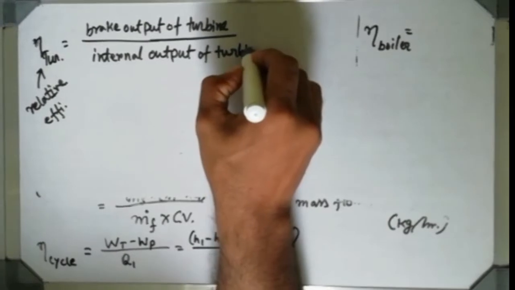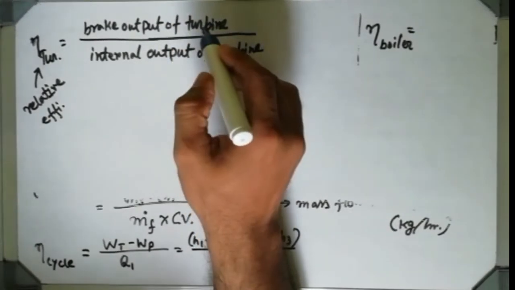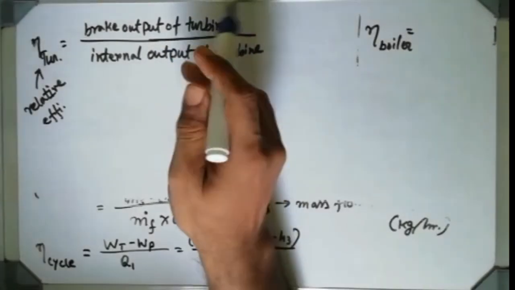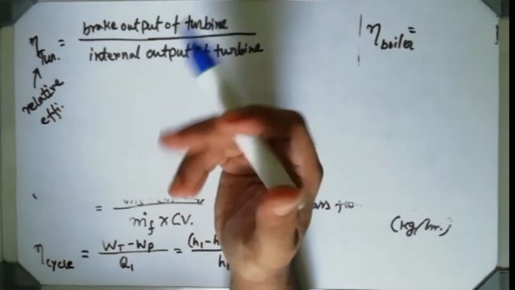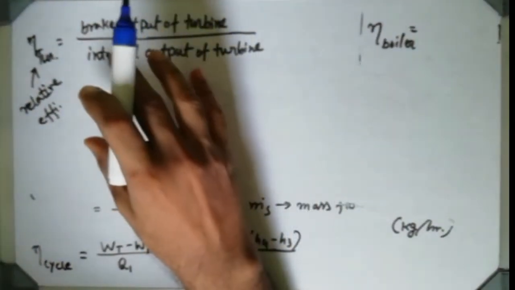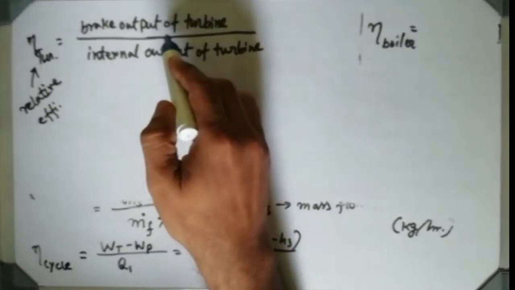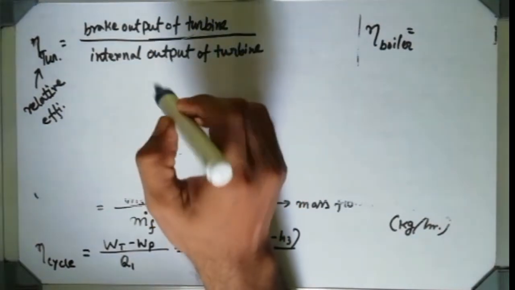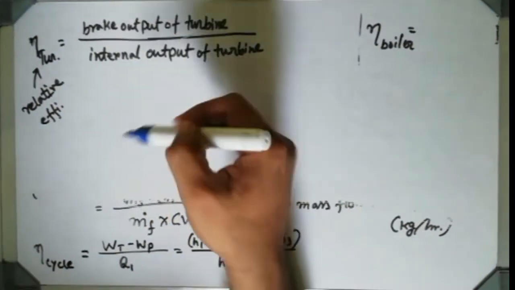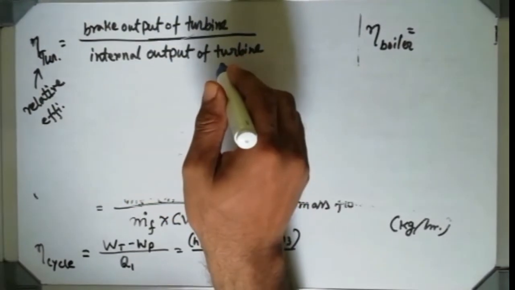That means actual output, that is the brake output, because while the turbine is rotating, some work will actually be lost, because while you are getting output to the generator end, that is the brake output. That brake output will be given to the generator, and the internal output means inside the turbine housing, what amount of power is being generated by the turbine.